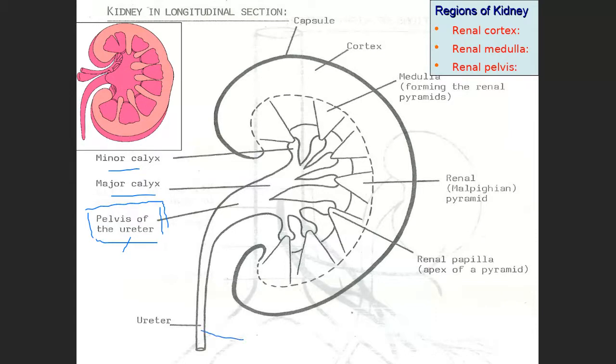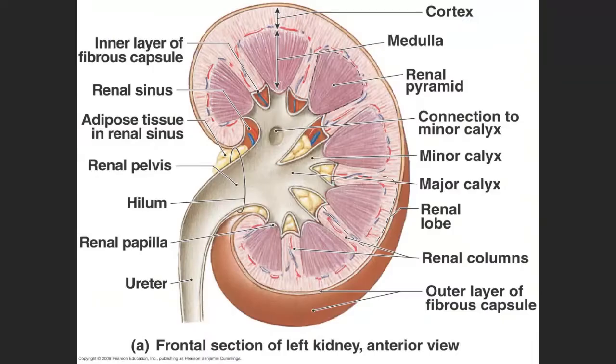This is the ureter, and this is the renal pyramid, and below you have the renal papillae, and in between you have the renal column. You can just memorize the parts.